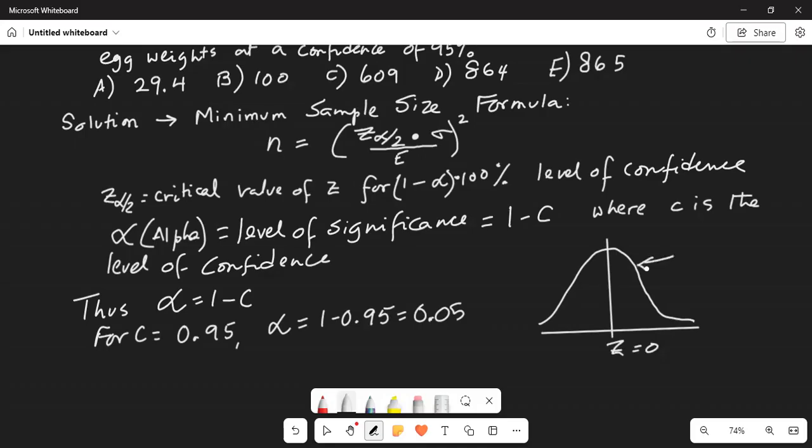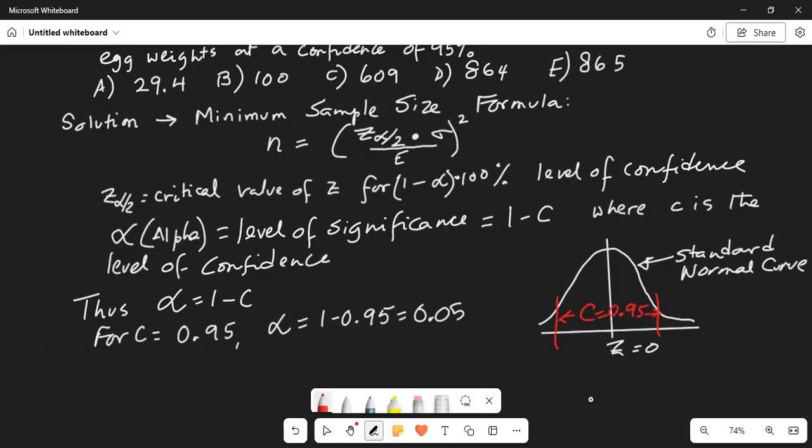This is the standard normal curve. So please do not quit right away, because I'll give you some important tip at the end of this program. And if I want to make this a little bit colorful, this is your confidence level. This is C is equal to 0.95.